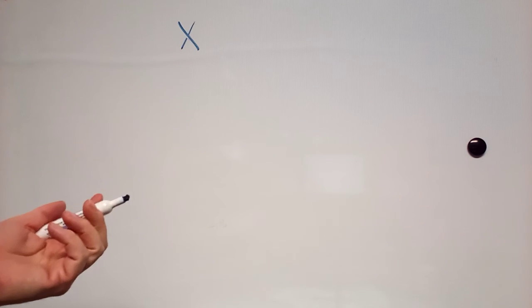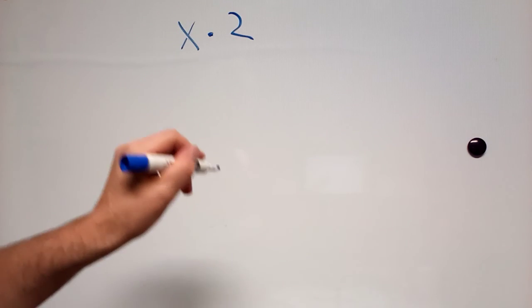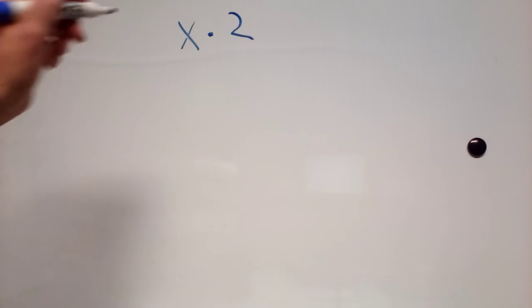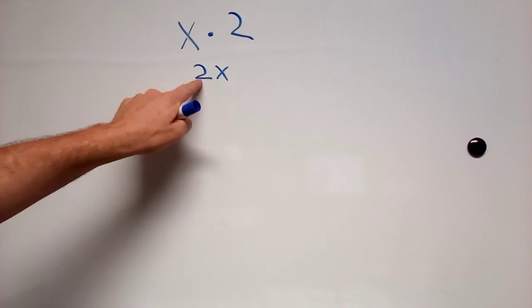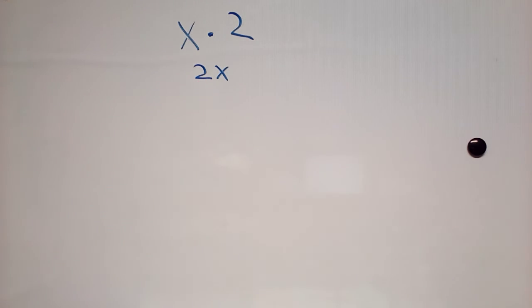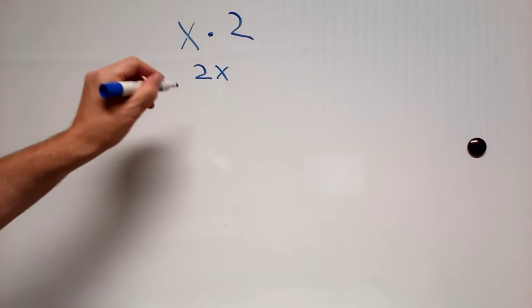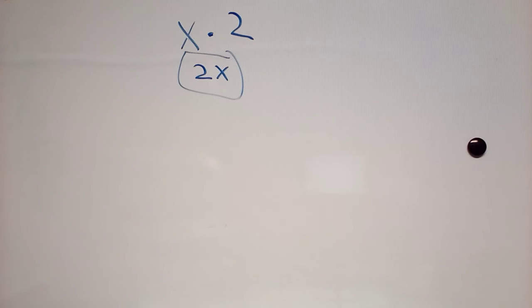What if I want to go twice that? Well, you could go x times 2. And that would be correct, but the more proper way to write it, the way that you'll see it more often, will be 2x, which means 2 times x. So the commutative property here, remember, you can go x times 2 or 2 times x, it's the same thing, but the way that you'll normally see it is 2x.